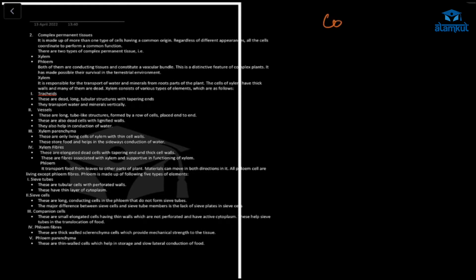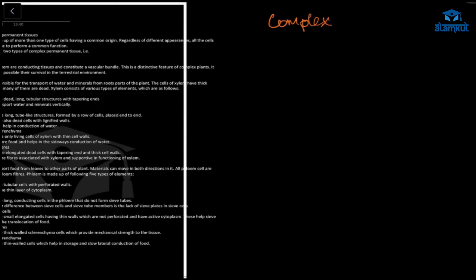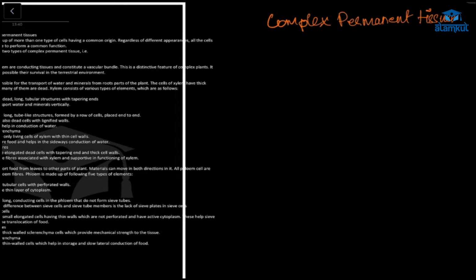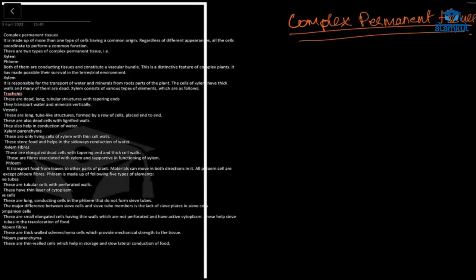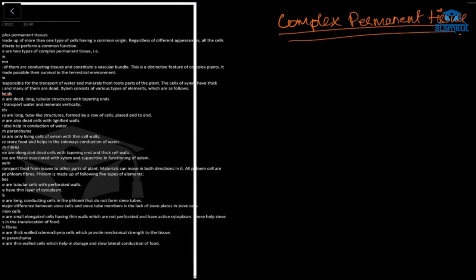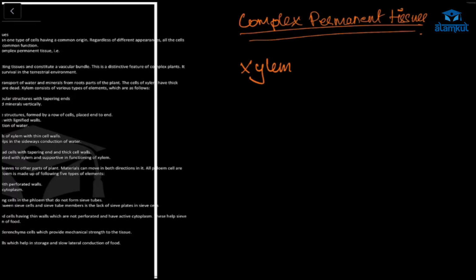Okay, so first is complex. Today we are going to learn about complex permanent tissue. Now, there are two kinds of complex permanent tissue. First is xylem. The next one is phloem, right? Yes, correct. Ma'am, you just told us the names last class.